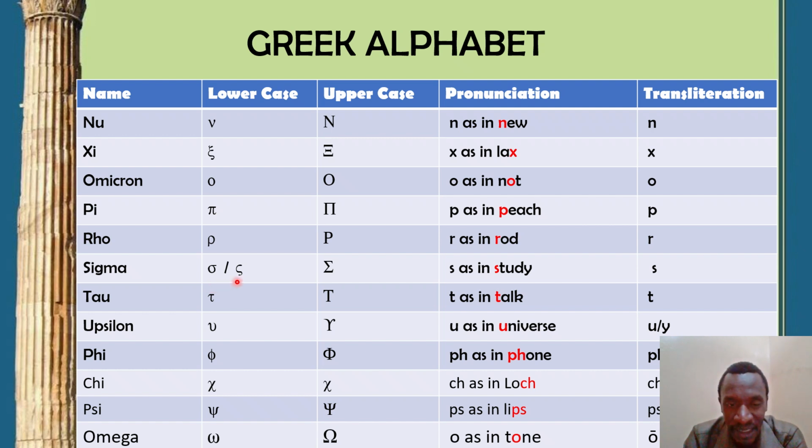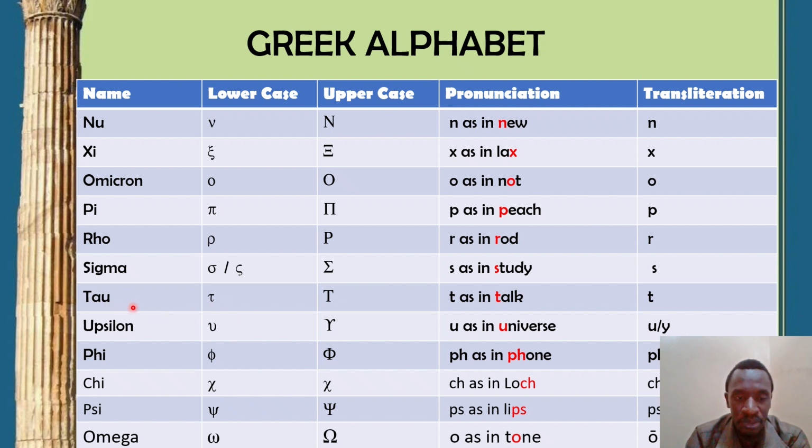But when it is at the end, it is written like this. So that is sigma. You have the same letter, but it's different the way you write it at the beginning or in the middle of the word, and again at the end of the word.